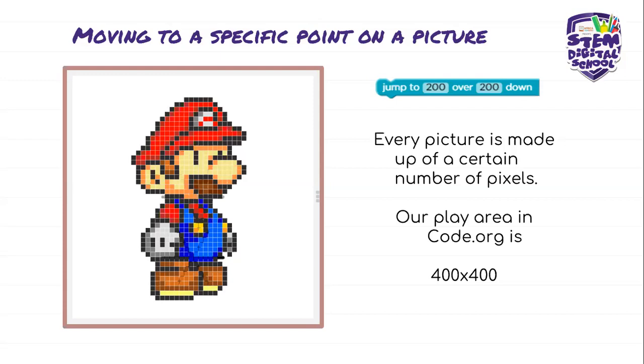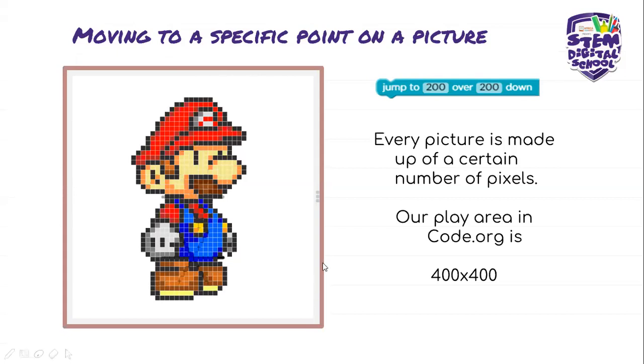Okay, so every picture is made up of a certain number of pixels, like we said. Now our play area in code.org, and that's the area where we can see our results after we've written our code and we run our code, our play area, remember that's one of our 4 areas in code.org.